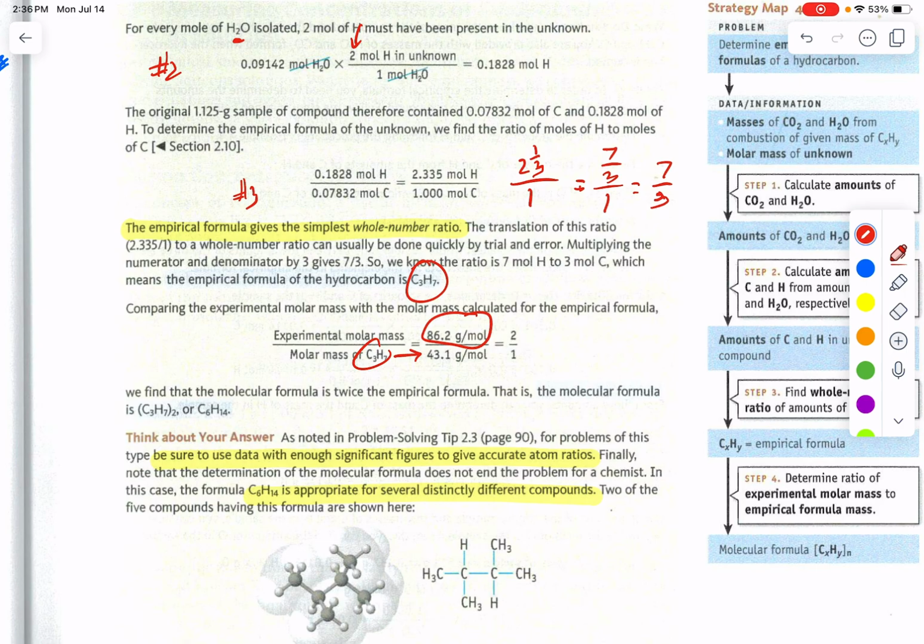So my molar mass divided by what we could call the empirical mass gives me a 2-to-1 ratio, or a 2, which therefore means I just double my formula. And the actual molecular formula is C6H14.